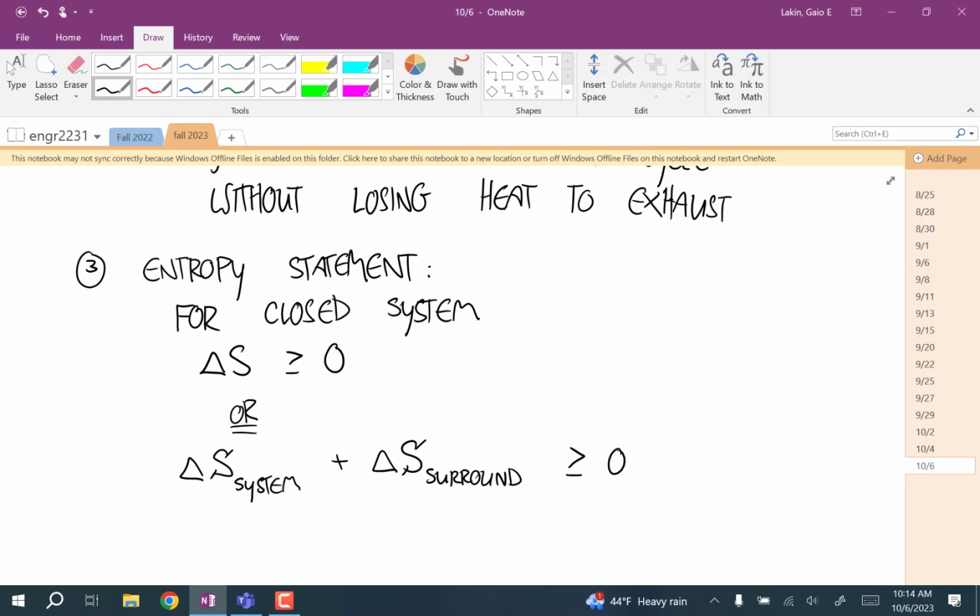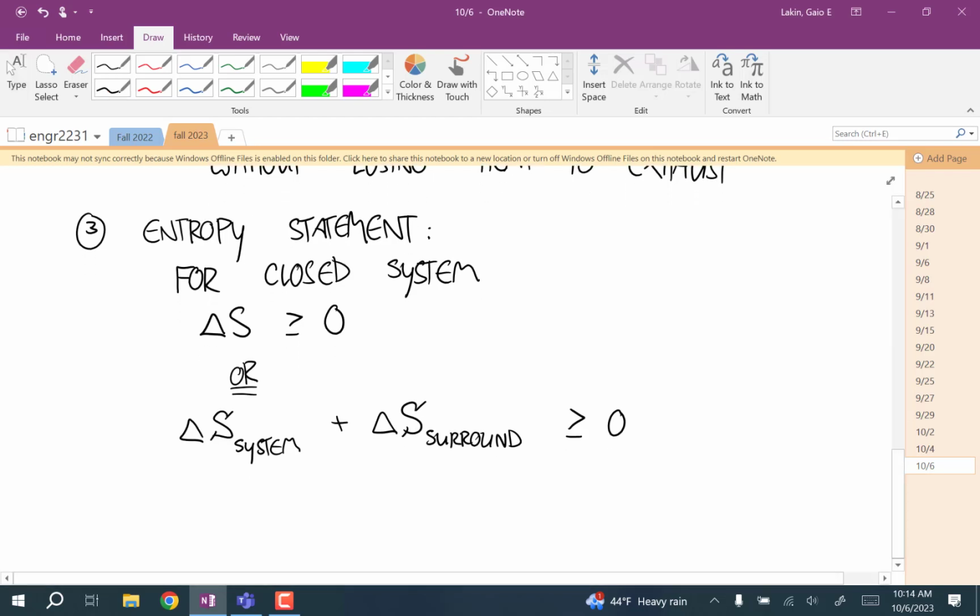You can totally make entropy go down. It's just when you take everything into account in the universe, the net entropy goes up. And you can assume that your system entropy goes up if you are dealing with a closed system where no energy transfers.